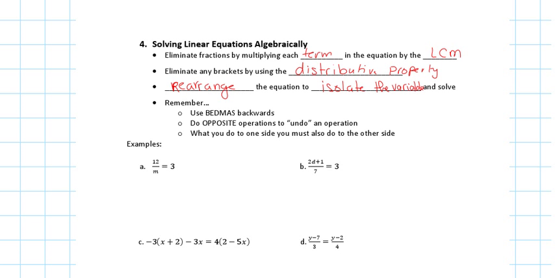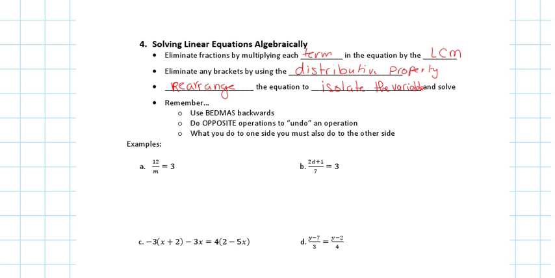So your goal is to leave your letters on one side and all the other numbers on the other side so you can actually solve for that. So remember that we're going to use BEDMAS backwards in this case. We're going to do the opposite operation to undo the operation, and what you do to one side you must also do to the other side.